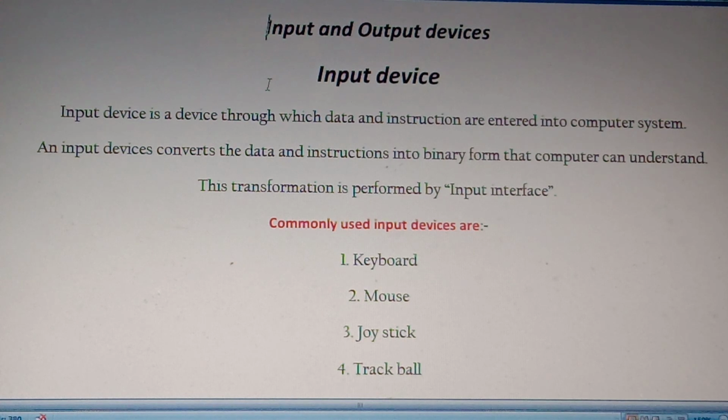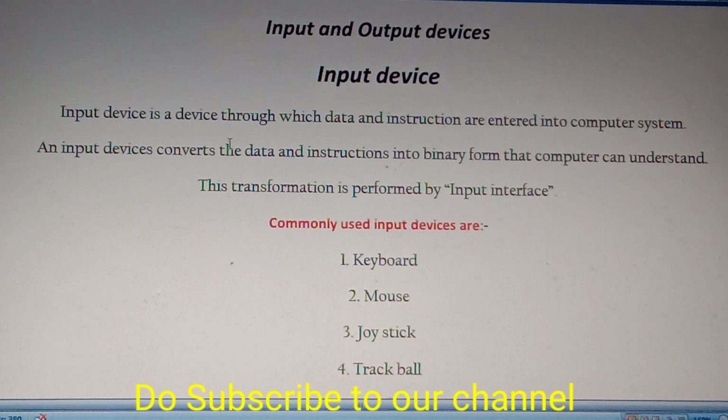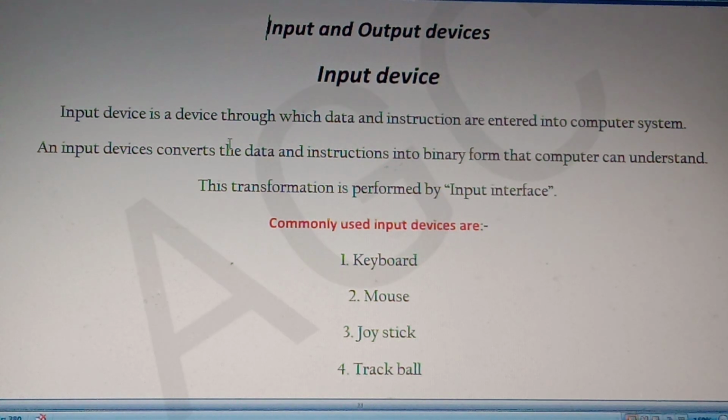Now I start with input devices. What is the definition of an input device? An input device is a device through which data and instructions are entered into the computer system. See here, friends, how are we going to give data to computers? Through the input device.